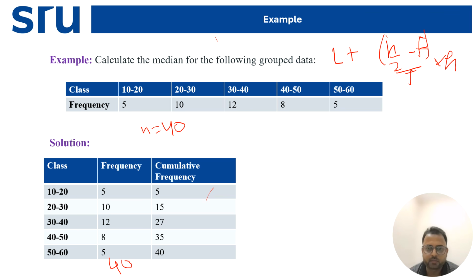Divide 40 by 2, which is 20. We can see that 27 is just greater than 20, so the median class is 30 to 40.